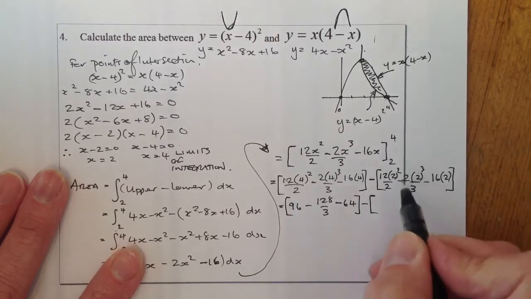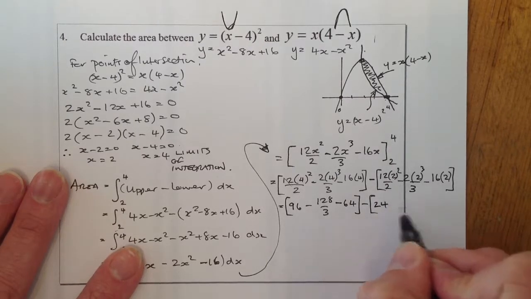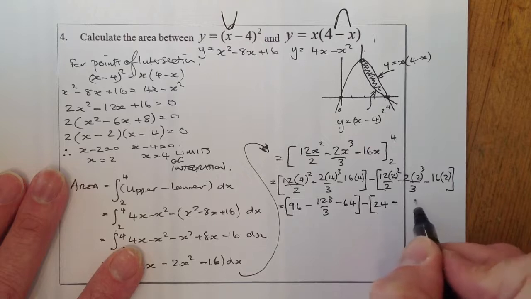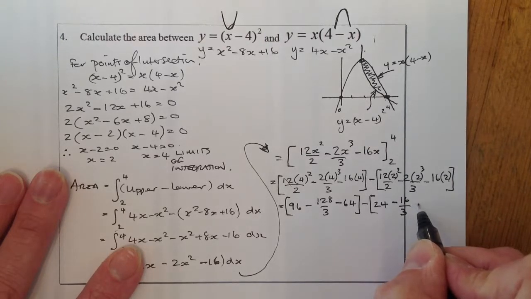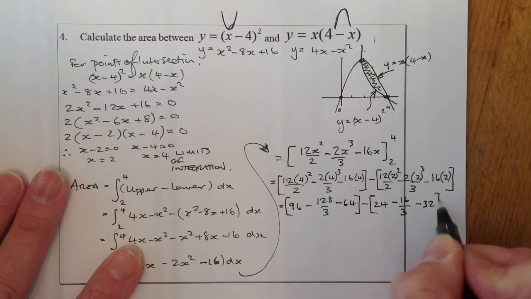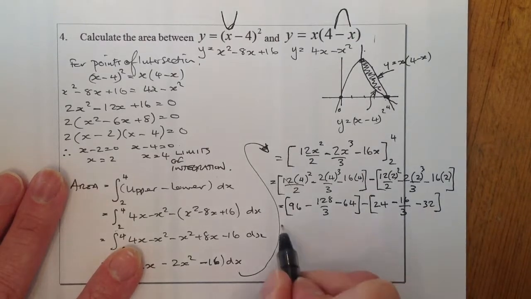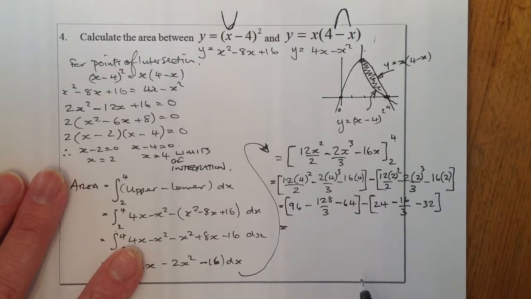Subtracting from that, that's 6 times 4, that's going to be 24, subtracting 16 over 3, and I've got minus 32 there as well. Right, from there I can put that into my calculator or just work it all through again.